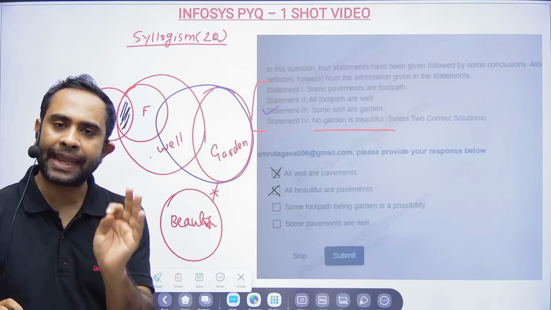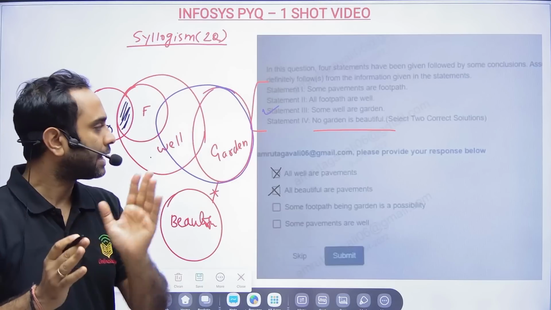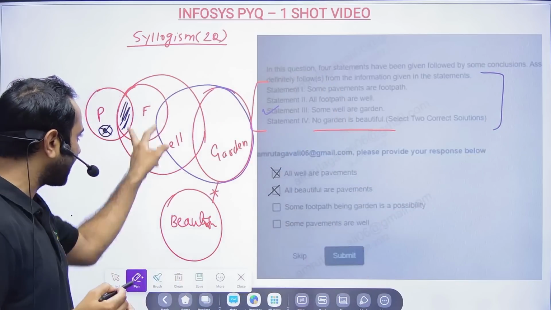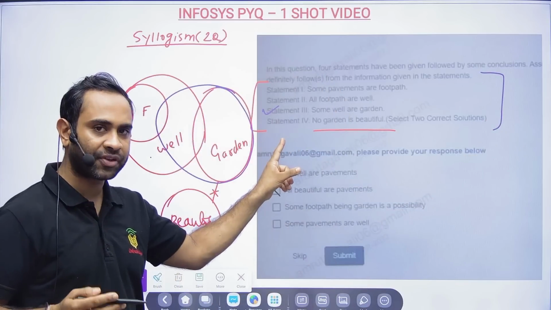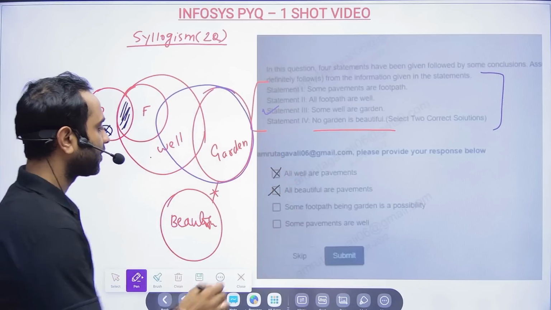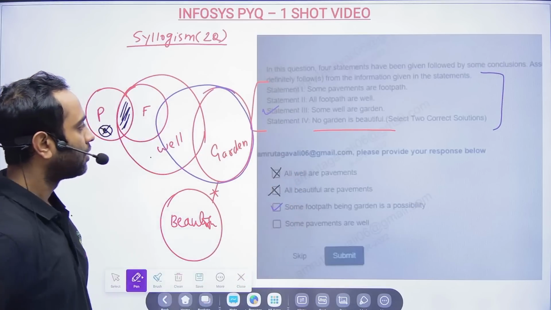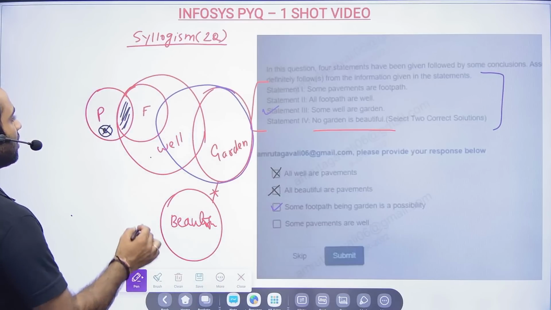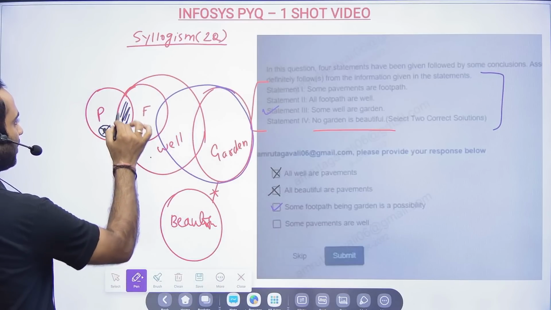Any conclusion works if you are not violating any of the statements. If you make a diagram like this, are you violating any statement? Completely no. So this is a possibility and here it will be true. Then, some pavements are well. So you see, this is your well, right?